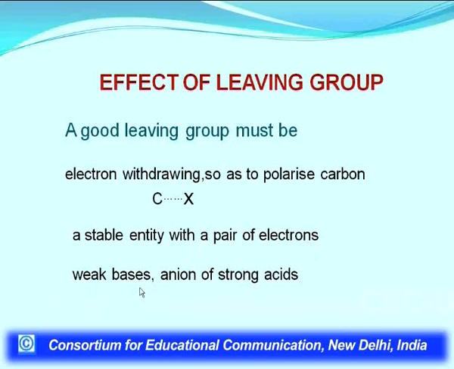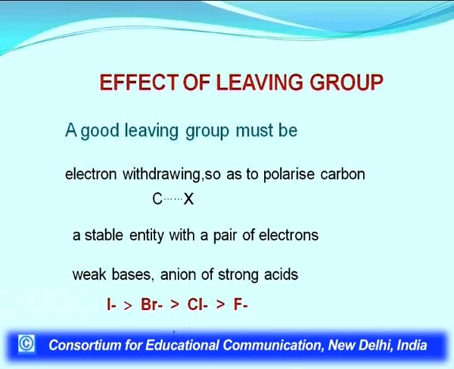The weak bases, which are the anions of strong acids, are also good leaving groups. Larger size leaving groups are also good leaving groups because they will reduce the steric hindrance in the transition state. If I compare the halogen acids HI, HBr, HCl and HF, the strongest acid is HI, so the anion I minus is the weakest base amongst these.